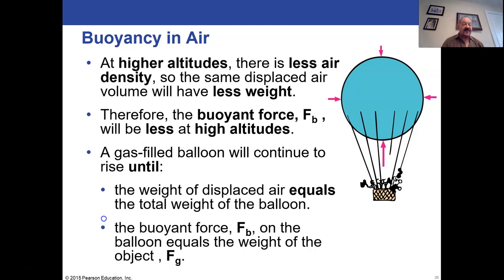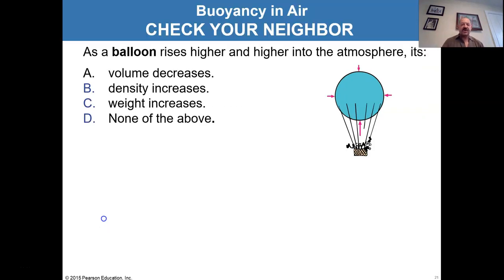And another way to say that is the buoyant force will equal the weight of the object, the force due to gravity. So as a balloon rises higher and higher into the atmosphere, its A, volume decreases, B, density increases, C, weight increases, D, none of the above.